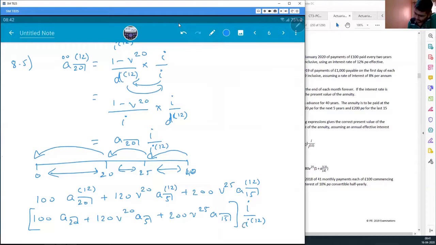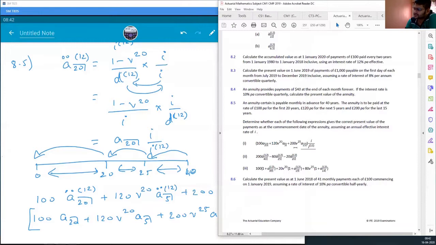So if they had given us D here, then this would have been correct. If they would have given D-12, then it would have been correct. So this is wrong. The first equation is wrong because it is in advance, not in arrears.